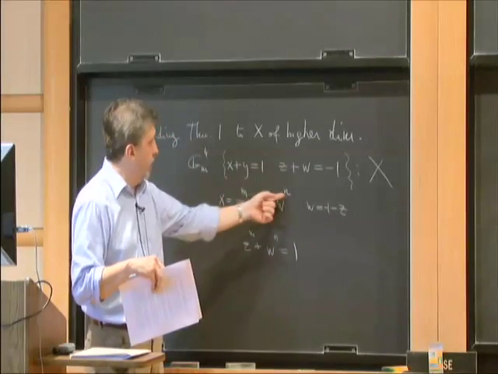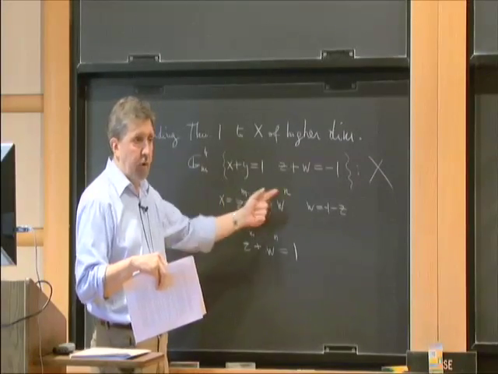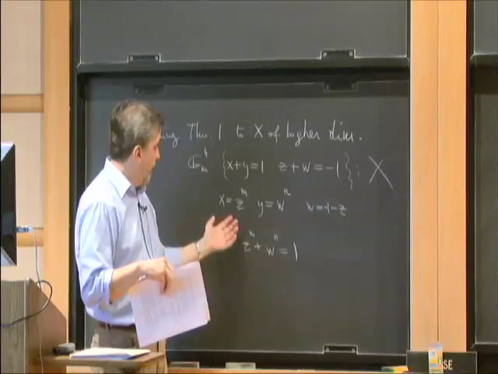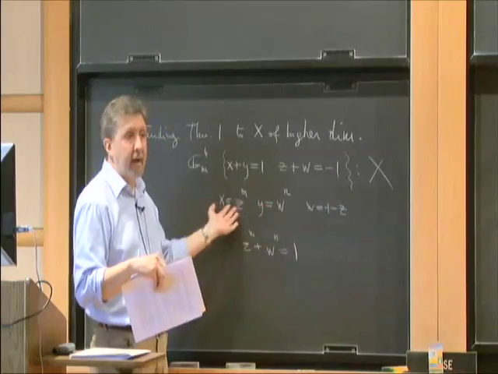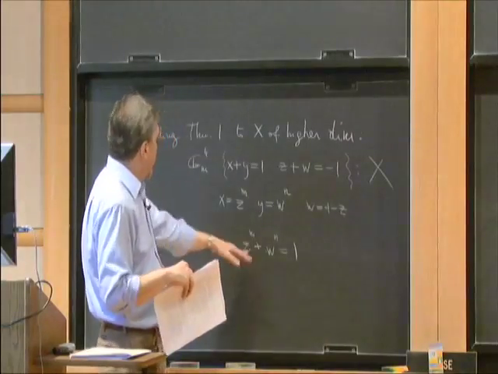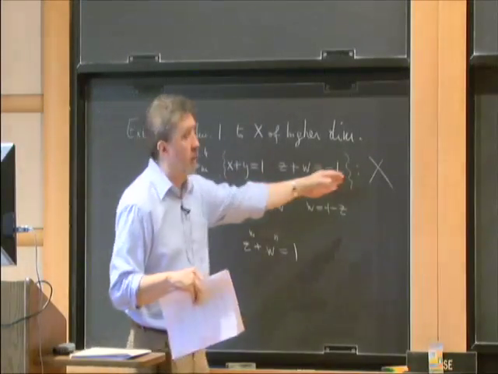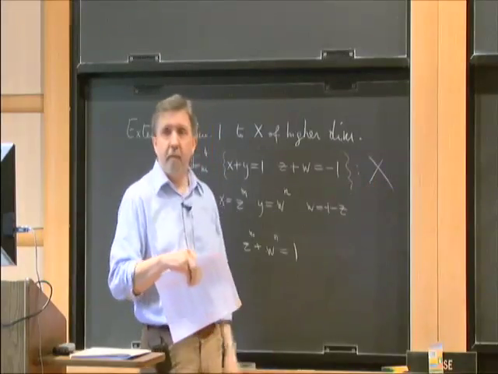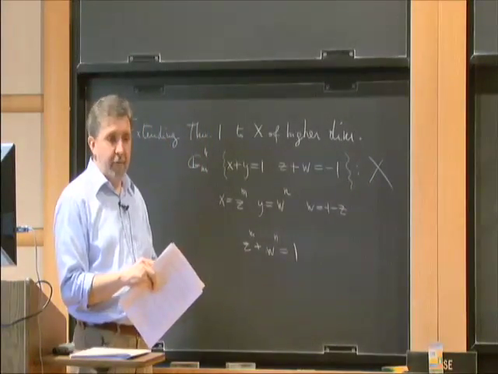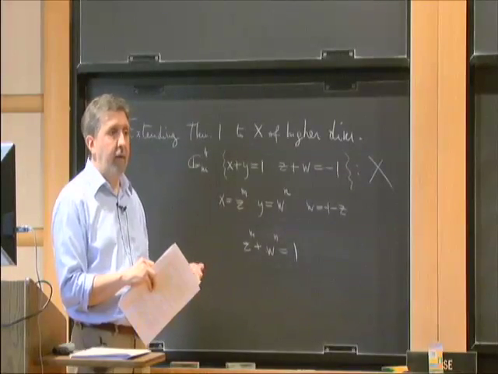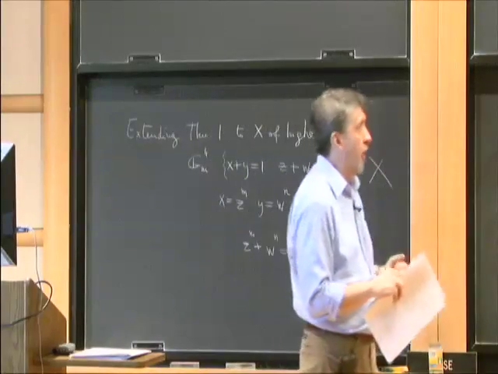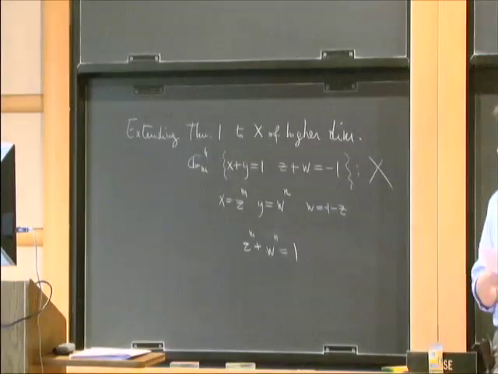So if we take sufficiently large exponents, there are points, but the height will be very large. And we shall obtain points in this surface which lie on a codimension 2 algebraic subgroup and have arbitrarily large height, and still this surface is not contained in a proper algebraic coset.